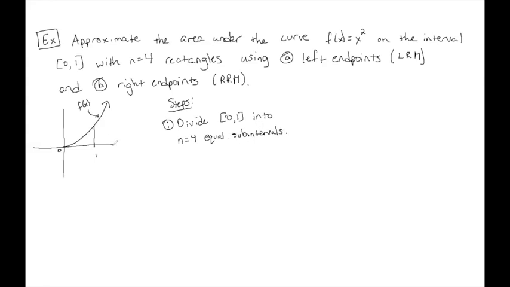Okay, so let's do that, and we'll do it on the picture. So it looks like one of them will be here, one of them will be here, and one of them will be here. This is 1/4, 1/2, and 3/4. Okay, probably should have made my picture a little bit better, but that's fine.